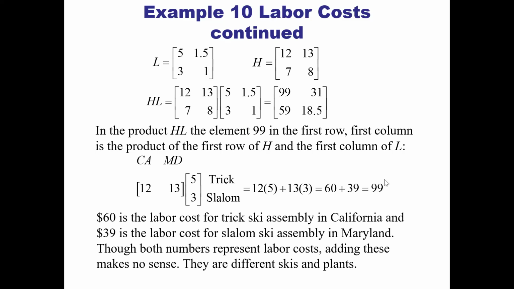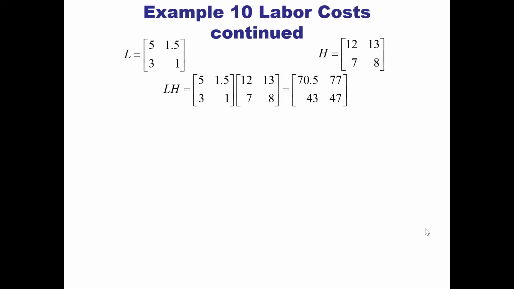The total cost is going to be making no sense because they're different skis and different plants. So we can't really add them together like you would think you would, but that's kind of what they are. So, again, you're taking the cost in California, cost in Maryland, the trick, the slalom, multiplying them together. So that's kind of just an arbitrary number.